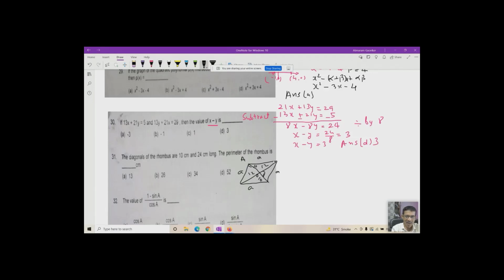Now let me name this as A, B, C, D and O. So I will take triangle BOC. So here O is 90 degrees. So I can use Pythagoras theorem to find A. So A will be equal to square root of 12 square plus 5 square. So this is not 10, 10, it is 5, 5.